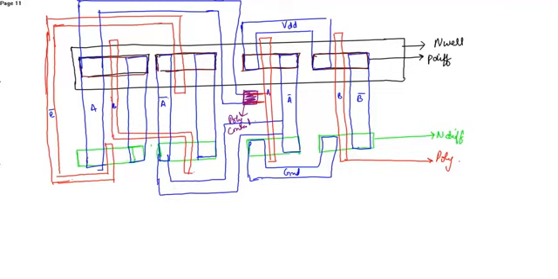Similarly, you have to connect the B to B and B bar to B bar. This B can be dragged from here. This is B and this is B bar.